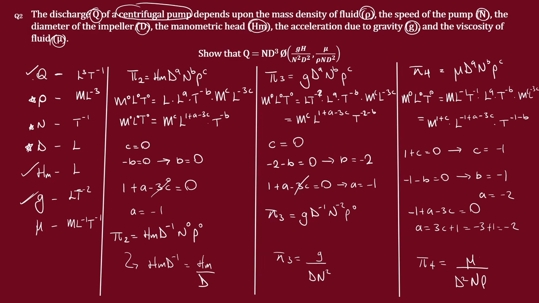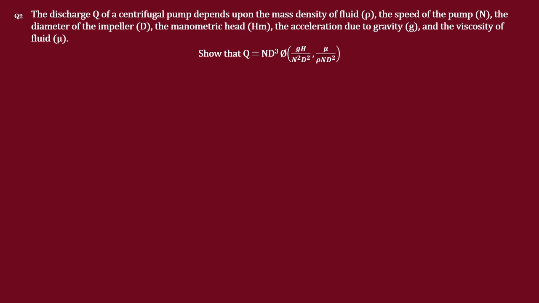So let's rewrite this afresh so that we can have a clear view of our solution. So remember, we'll go for pi 1. Pi 1 was q over n d cubed. So that's q over n d cubed. Pi 2 was h over d. So that's the manometric height over d.